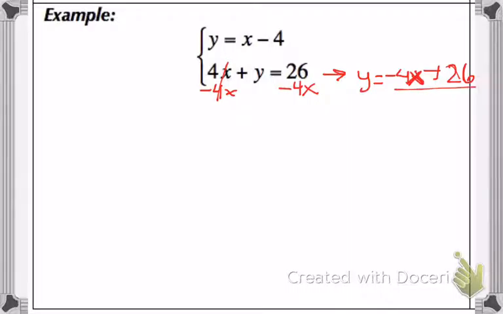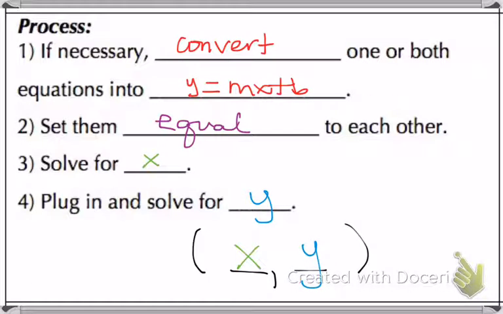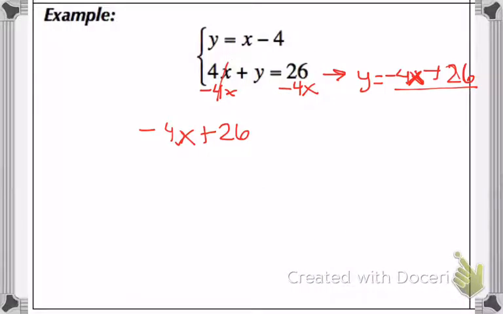So I'm going to take this, negative 4x plus 26, and set that equal to, let's see what color were my notes, purple, the other equation, which in this case is x minus 4.